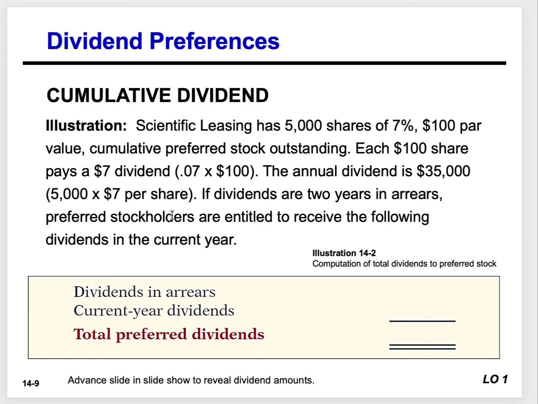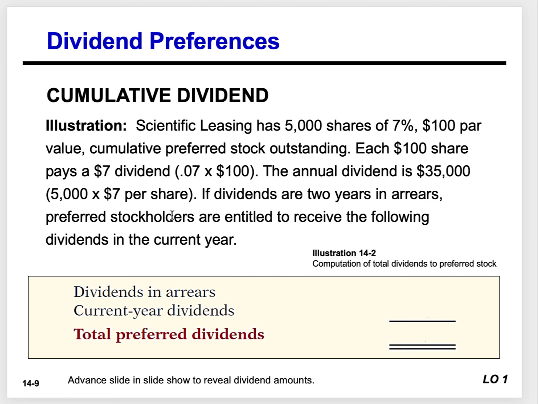Well, it's 7% times the par value. Now, the annual dividend is $35,000. How did I figure that out? Well, that's easy. I have 5,000 shares of preferred stock outstanding, and each share is entitled to a $7 dividend payment. There's my 35 grand.